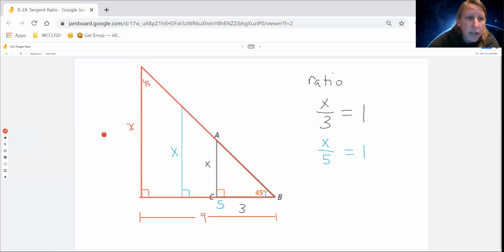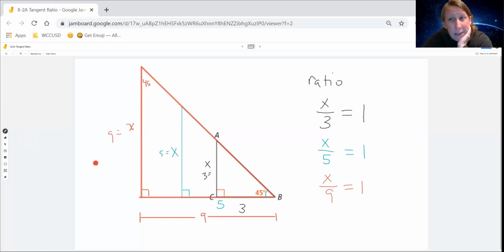Okay, so we can write a ratio with that. x over 9 is also going to be 1. Because 9 divided by 9 is 1. And 5 divided by 5 is 1. And 3 divided by 3 is 1.